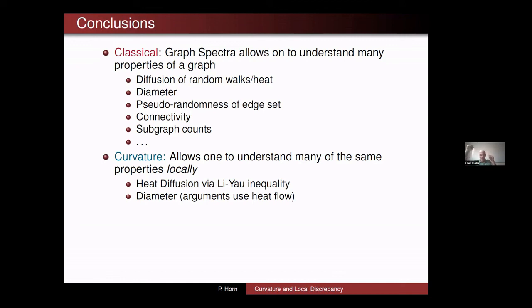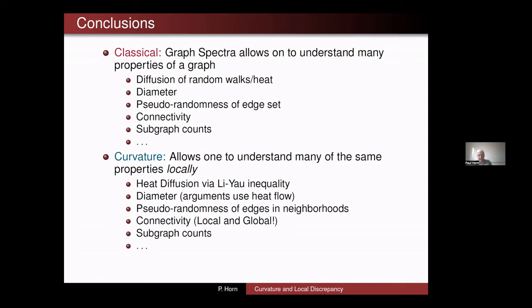And then you can integrate this between different vertices at different times to understand the diffusion of heat more broadly. You can understand things about the diameter of a graph. Here again, the arguments are coming from this analytic side, from this heat flow.